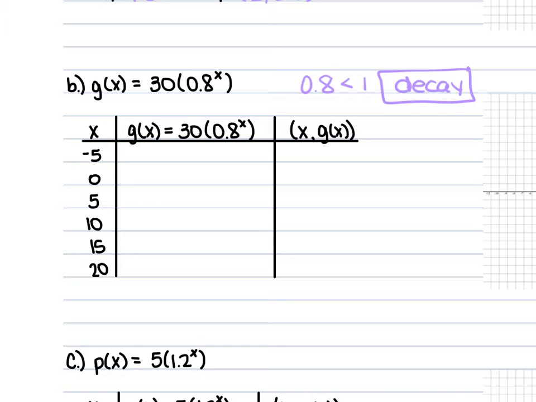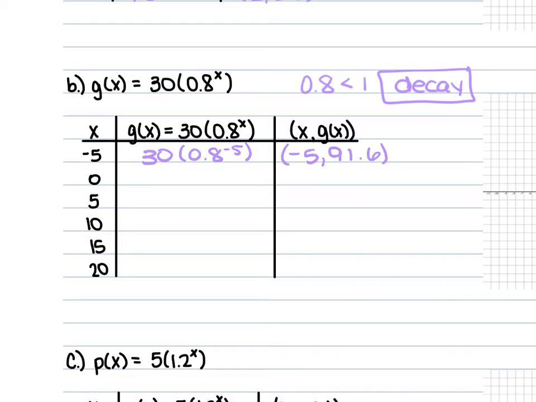So 30 times 0.8 to the power of negative 5 is going to give us 91.6. So this is negative 5, 91.6.